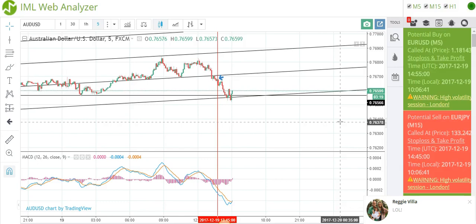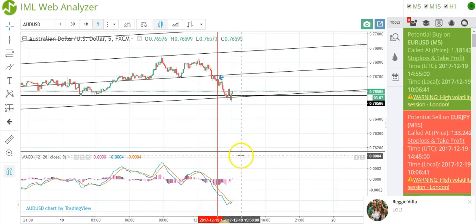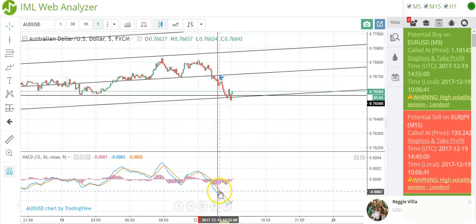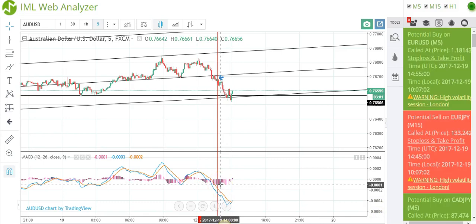One of the ways to enter the IML web analyzer, as Steve Hooley said, is to wait for the blue to cross the orange. A lot of people entered right at this arrow, and you can see it went down. The first confirmation that it wasn't a good trade at the time is to look at the MACD. Look how far apart the blue and the orange are, and it's still heading down.